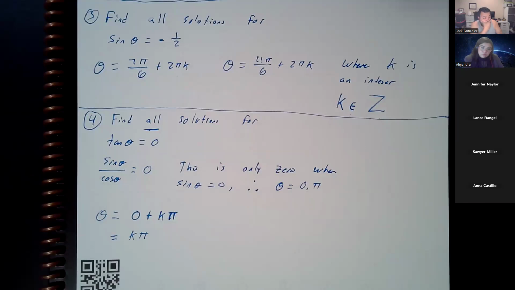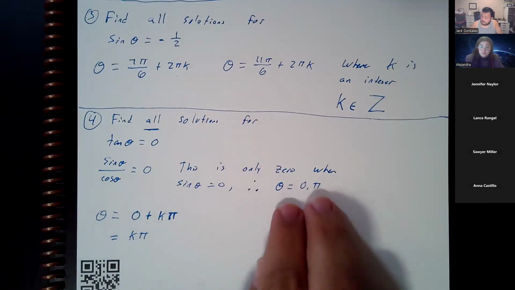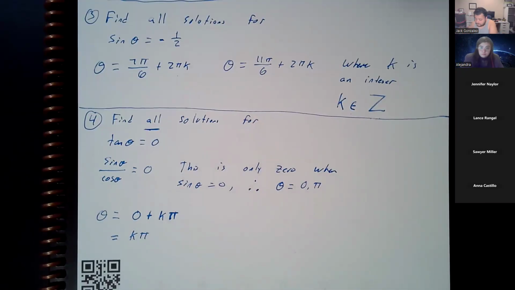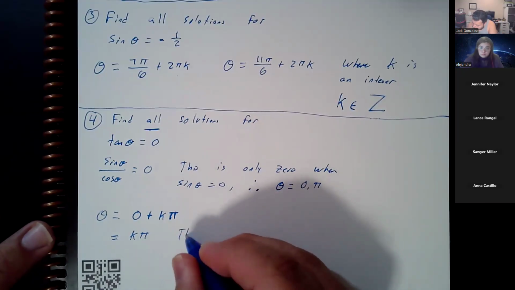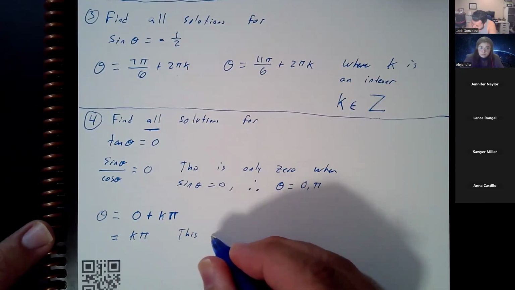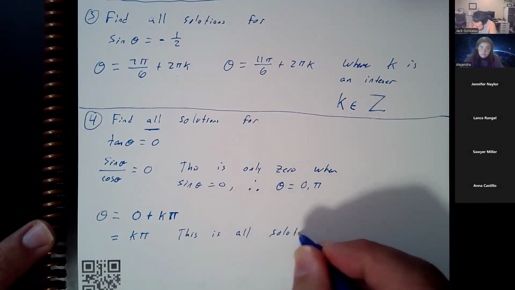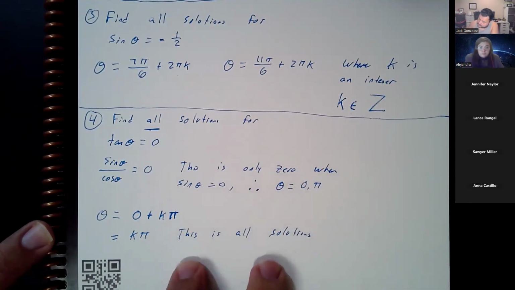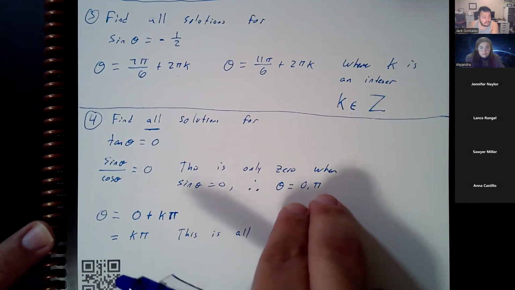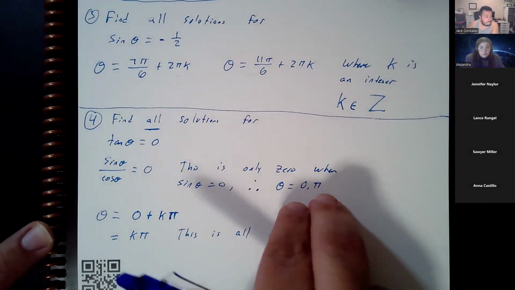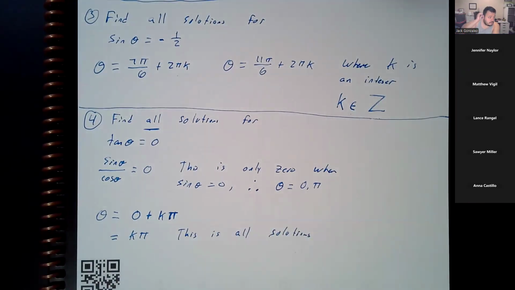Okay. So 0 plus k pi is really just k pi. So as long as that's there, then I take care of both of these parts. So this is all solutions, and this is just two of them, right? Why wouldn't it be pi plus k pi? You could.